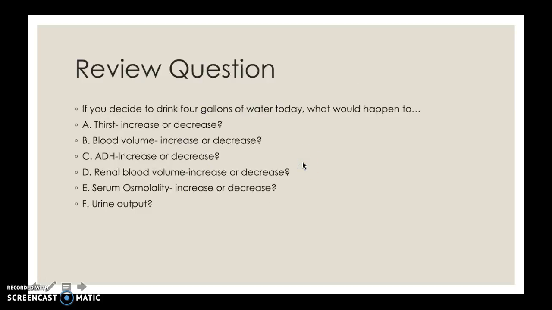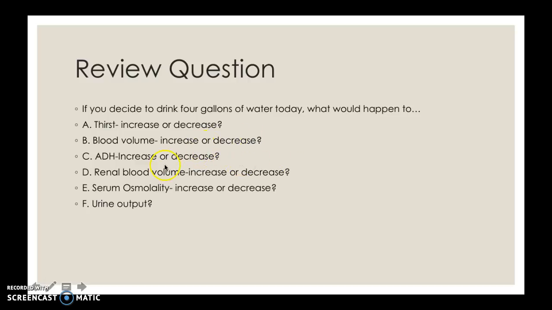Serum osmolality would increase because you've just dumped a bunch of salt in your blood. If you decide to drink 4 gallons of water today, what would happen to thirst? Your thirst mechanism would decrease. What about your blood volume? That would increase. ADH, remember what ADH does? Stimulates the kidneys to hold on to water. Would you want to hold on to more water after drinking 4 gallons? No. You want to get rid of water. Renal blood volume.